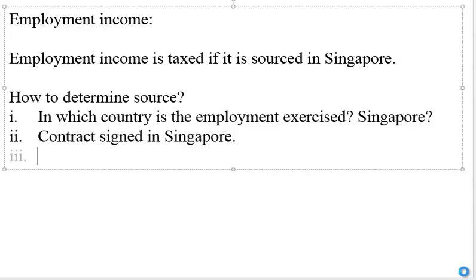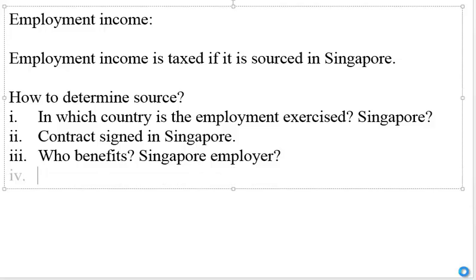Or if you are working for a Singapore employer, that means he's benefiting. Even if they send you outside Singapore, if the benefit is being taken by the Singapore employer, that means it is your Singapore employment. Who benefits? Singapore employer. Or who is paying you?